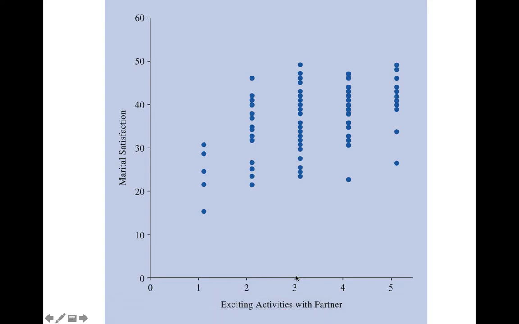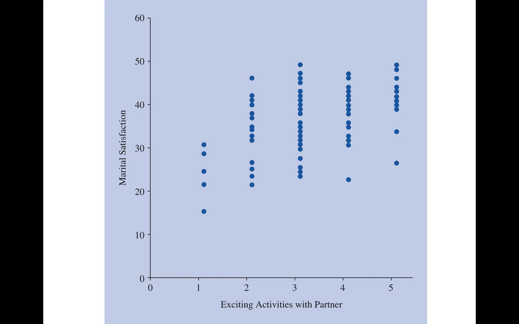By convention, we graph the variable that we think of as the predictor variable on the x-axis. So a researcher might have a theory that the more exciting activities you engage in with your husband or wife, your spouse, the more satisfied you will be in your marriage.